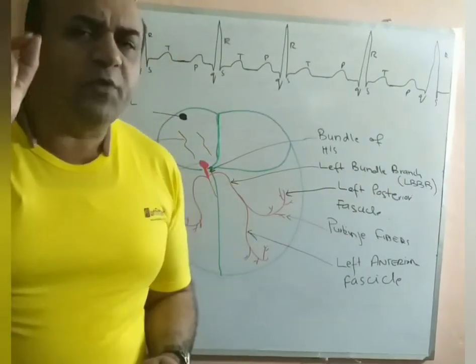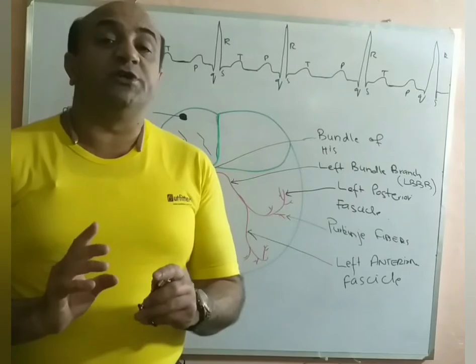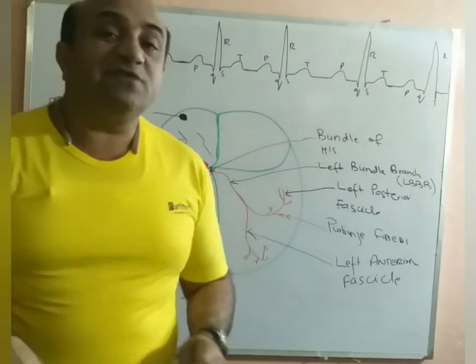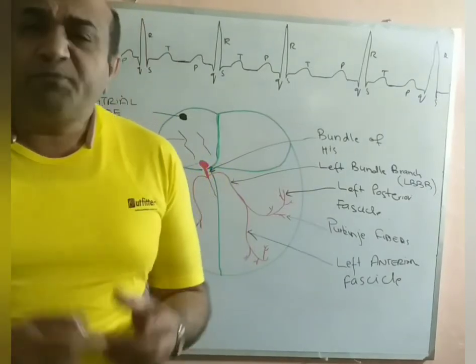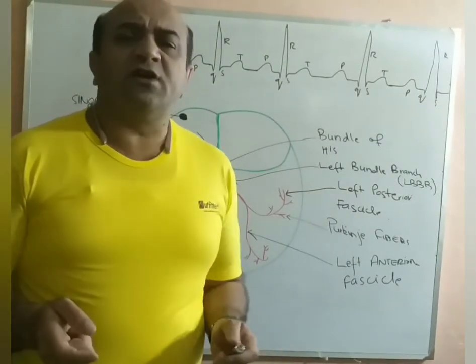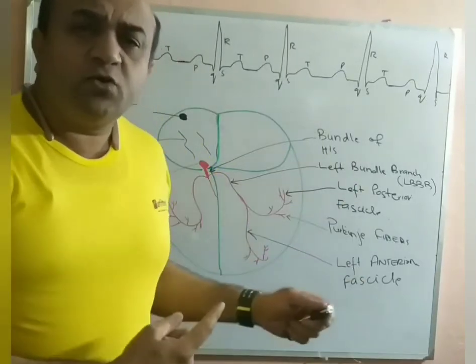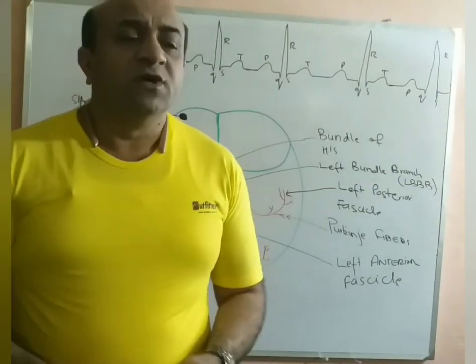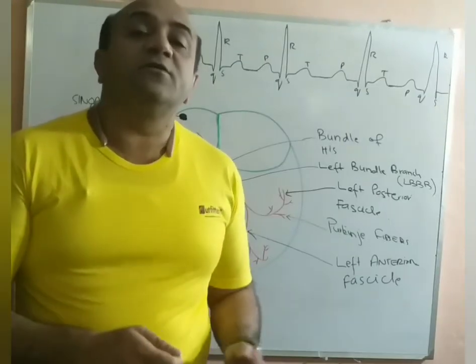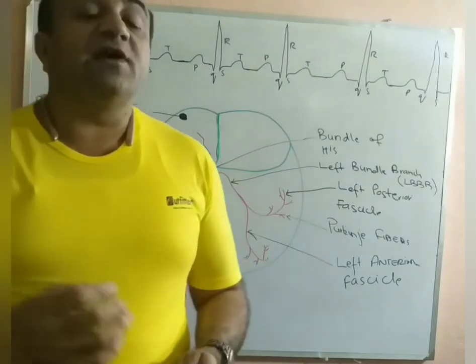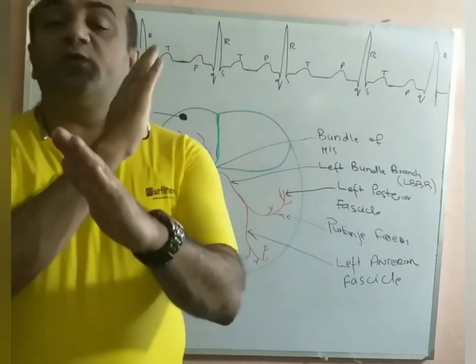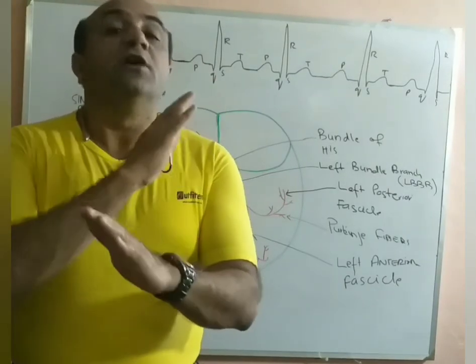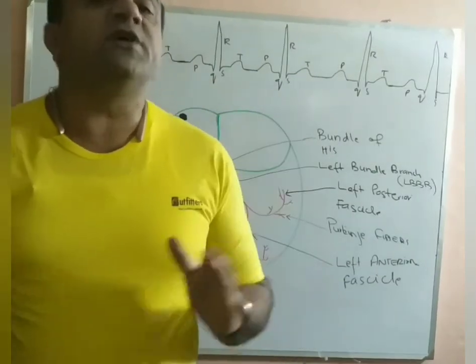This is a very important point. The problem is with the running of the ventricle. Initially it was the SA node which was calling the shots, directing the ventricle to depolarize at a certain rate. Now it will change forever. There will be no connection between the atria and the ventricle. This is known as complete AV block.